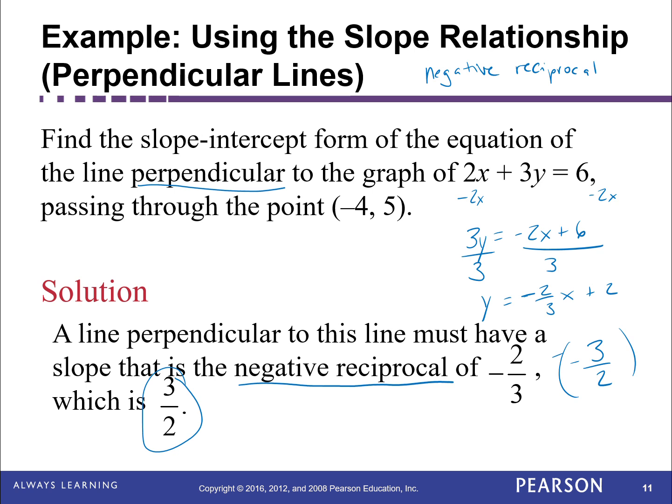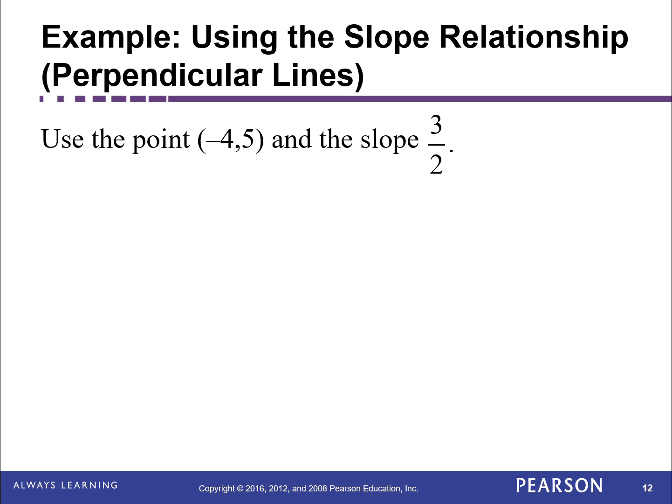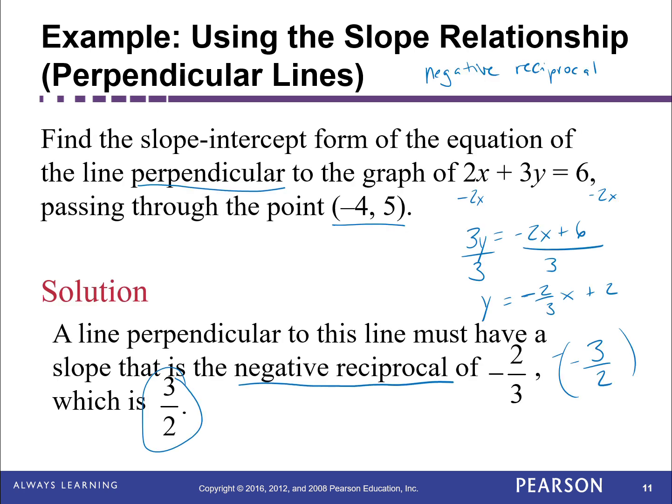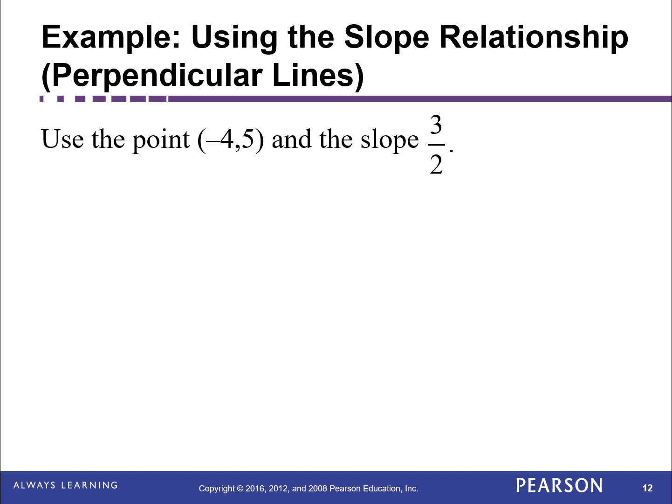So I have the slope of this new perpendicular line that I need, but I also have the point of it, okay? So we're going to use the point (-4, 5) that was originally given to us, along with the slope that we found, the negative reciprocal, in order to find this new perpendicular line.